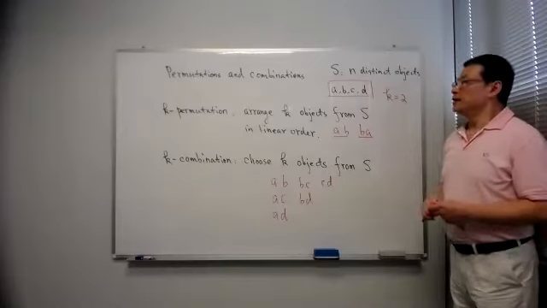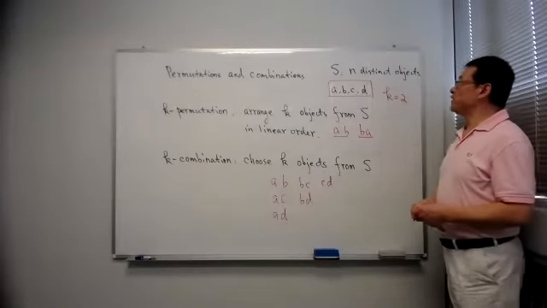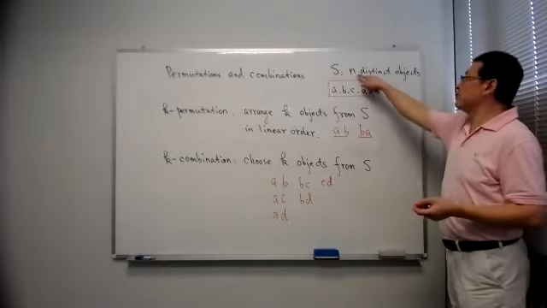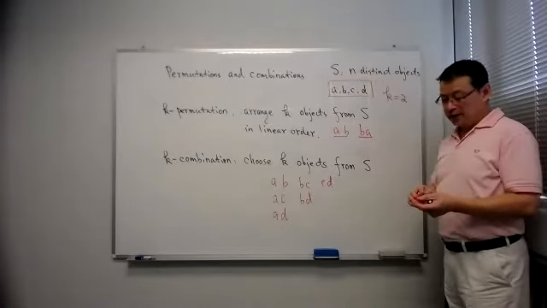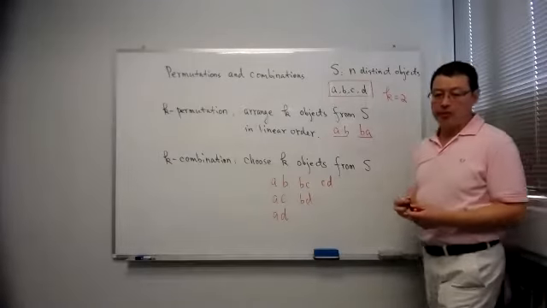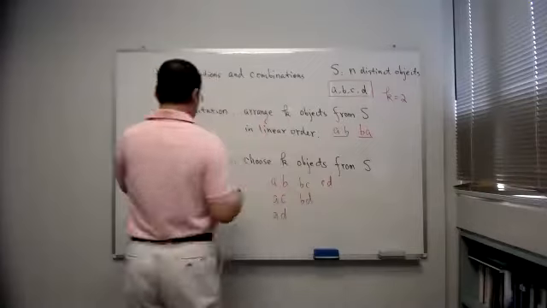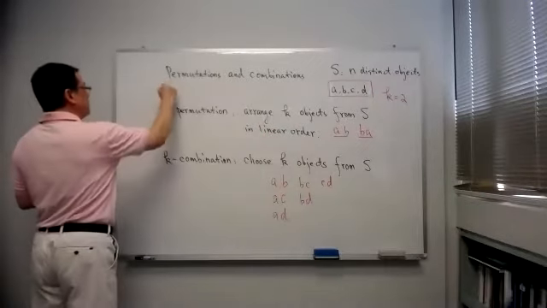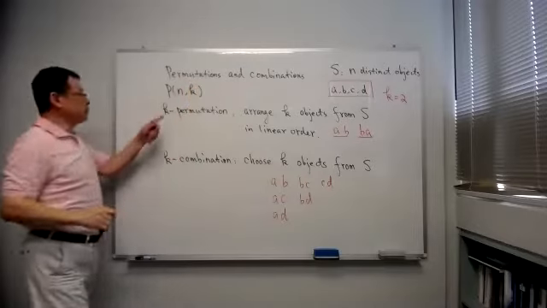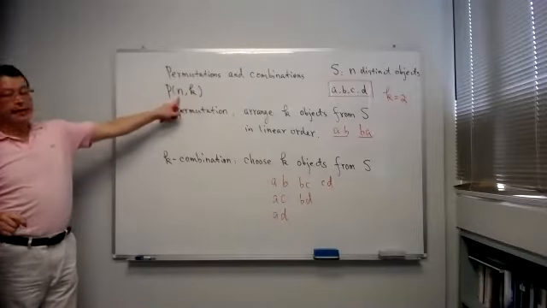Right. So in general, how many different ways are there to permute k elements from a set of n distinct objects? We can use the product rule to easily obtain this number. Usually we use the notation P(n, k): permute k elements out of n elements.